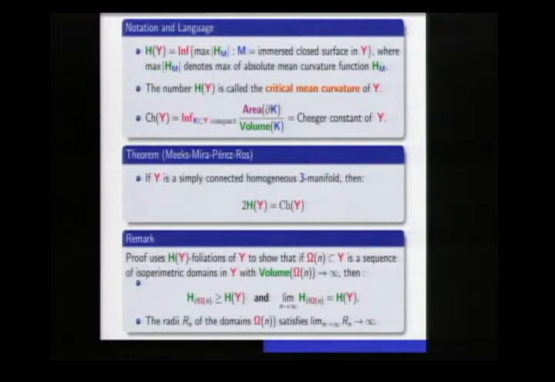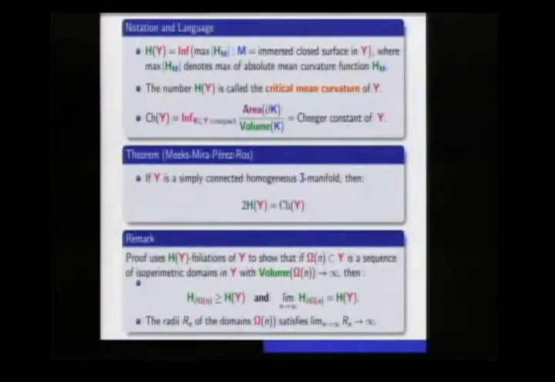The area of a ball is basically r squared, and the volume is like r cubed. So when the volume gets large, this isoperimetric ratio gives you that the Cheeger constant for R^3 is 0. And it's not hard to see: round spheres have mean curvature going to 0, like 1 over r.